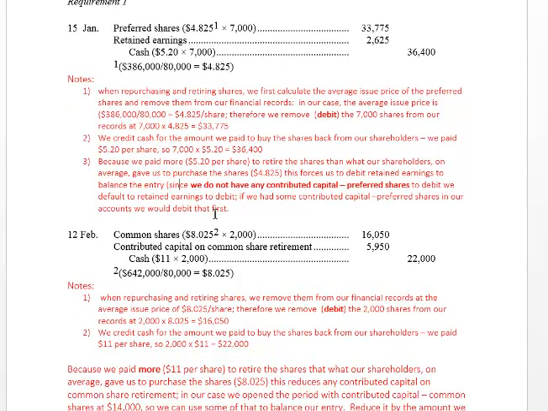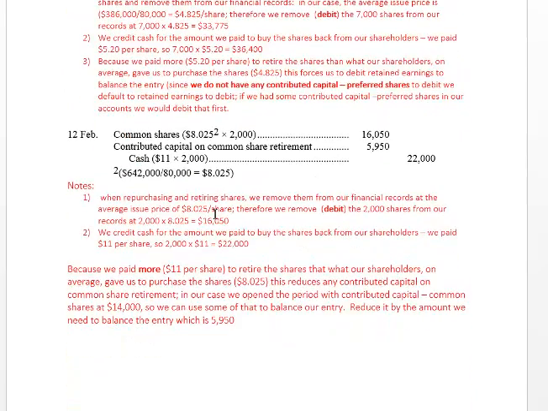You'll also notice here in the next transaction on February the 12th that we're buying back some common shares. It's costing us $11 a share to buy back those 2,000 common shares. So it's going to cost us $22,000 in total, but we're removing the common shares from our books at $8.025 a share. How did we get that?